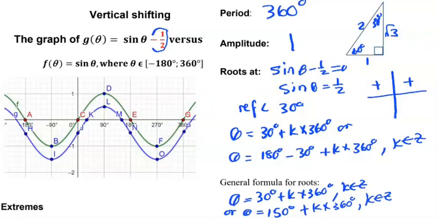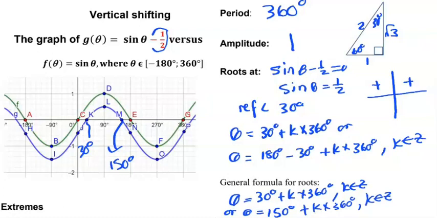If I take k equal to 0 in the second formula, then I get 150, which is at the point M. So this is 150 degrees, and the K is at 30 degrees. And when I look at k equal to 1 again, it's off my graph because it's not in this interval here.